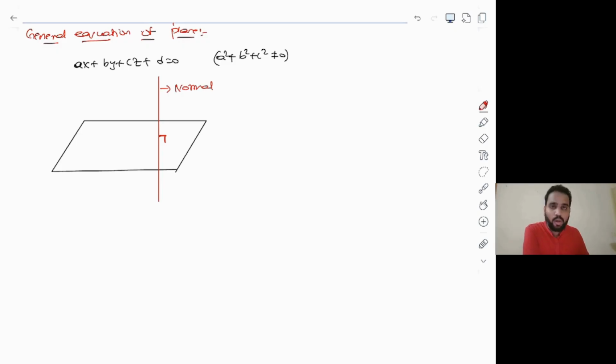We can construct infinite number of normals to a given plane because I can change the position of this perpendicular line anywhere.